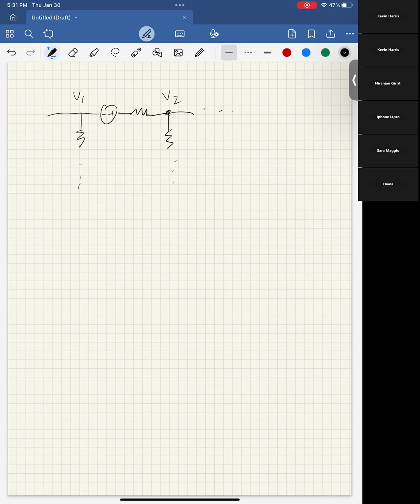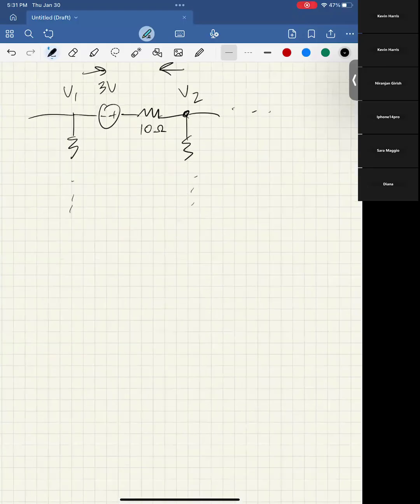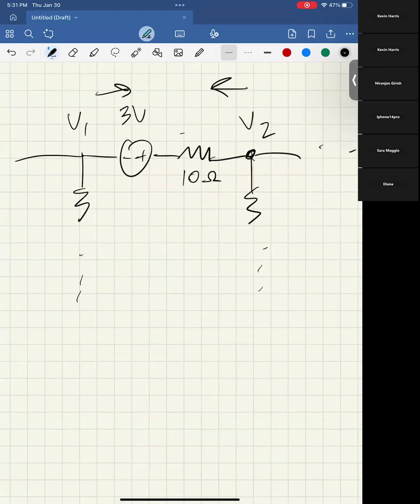Let's say this is 3 volts, this is 10 ohms, and we want to write the equation going that way. You still have to look at what the current through this resistor is going to be. So let's say we're writing for V1. For the V1 equation, we want to look at what this current going to the right would be.